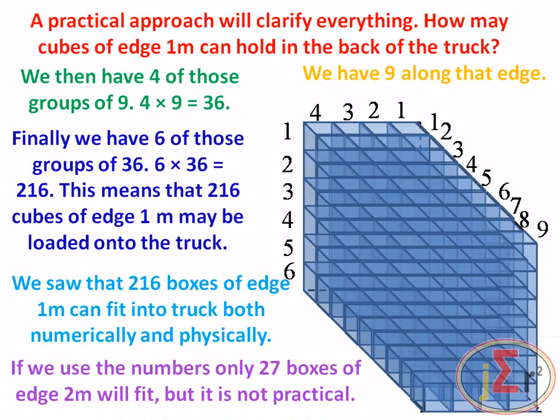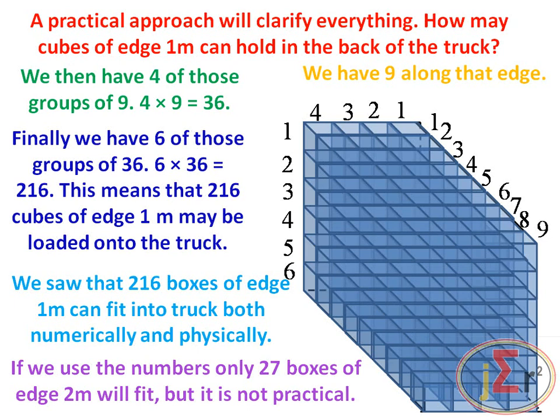If we use the numbers, only 27 boxes of edge 2 meters will fit. And we are saying 27 because when we actually did the calculations a few slides ago, 27 is the number of boxes that we received when we use the cubes of edge 1 meter.